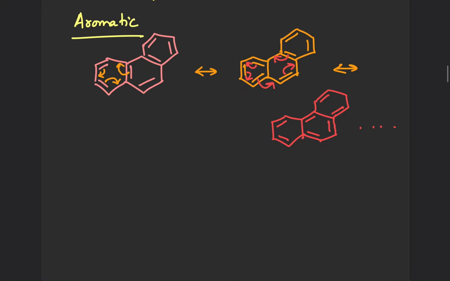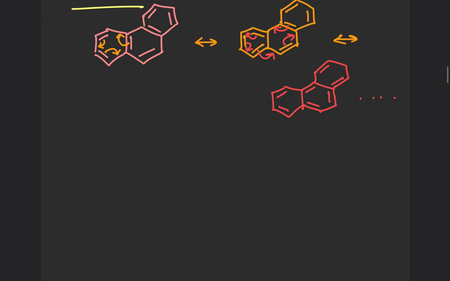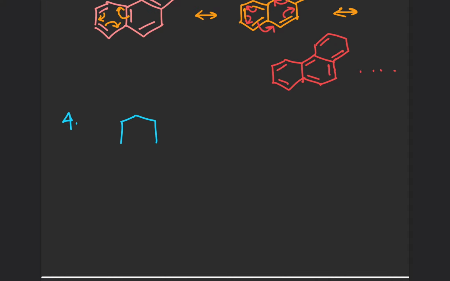Cool. Then the fourth compound is this guy. The name of this guy is 1,2-dihydronaphthalene.